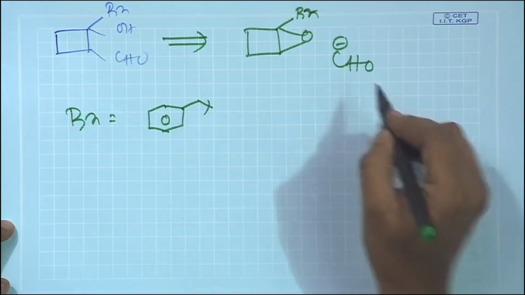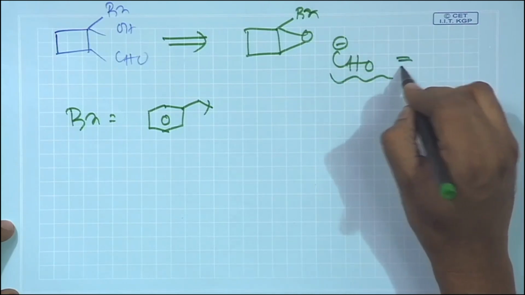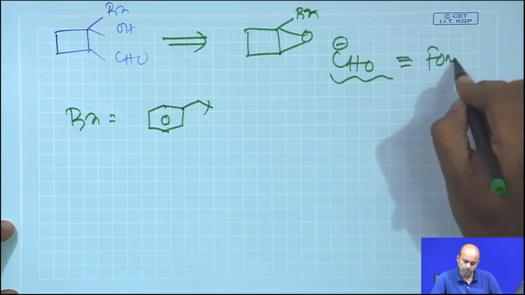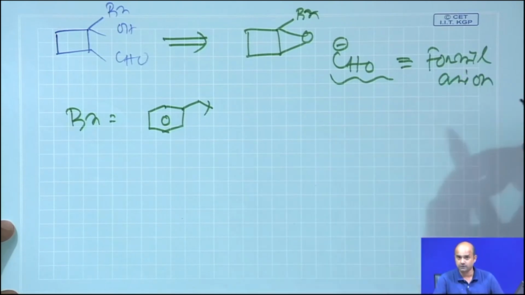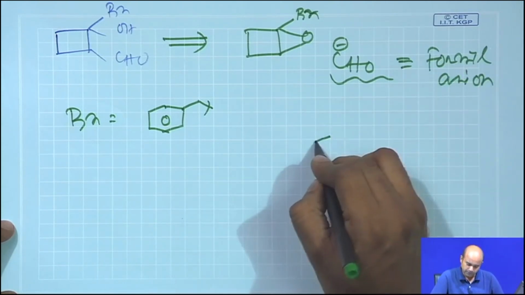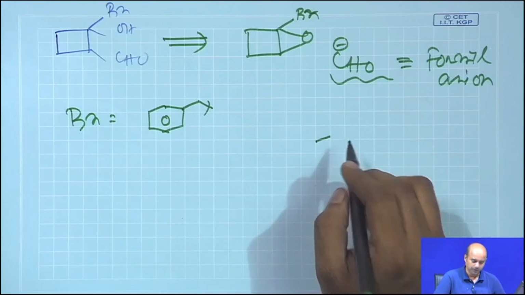Now, sometimes you can have this kind of species, which are called synthetic equivalents. It is basically a formyl anion. We will talk about those species in the subsequent sections. Now, the synthesis devised here will follow a similar pathway.